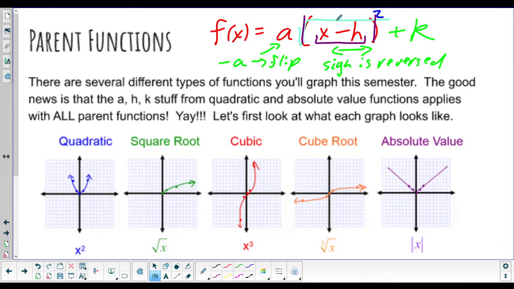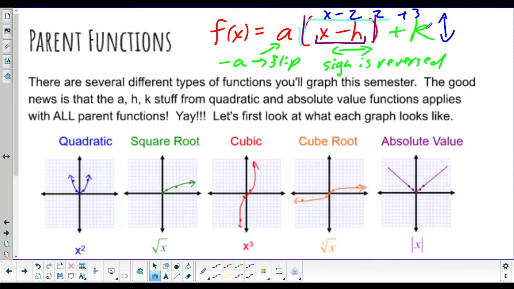So if we have, let's say, x minus 2, even though the negative side of the x-axis is to the left, we're going to go to the right because we do the opposite of what the sign says. Then k is our vertical shift, and the sign will match. So if it's a plus 3, we're going up 3.